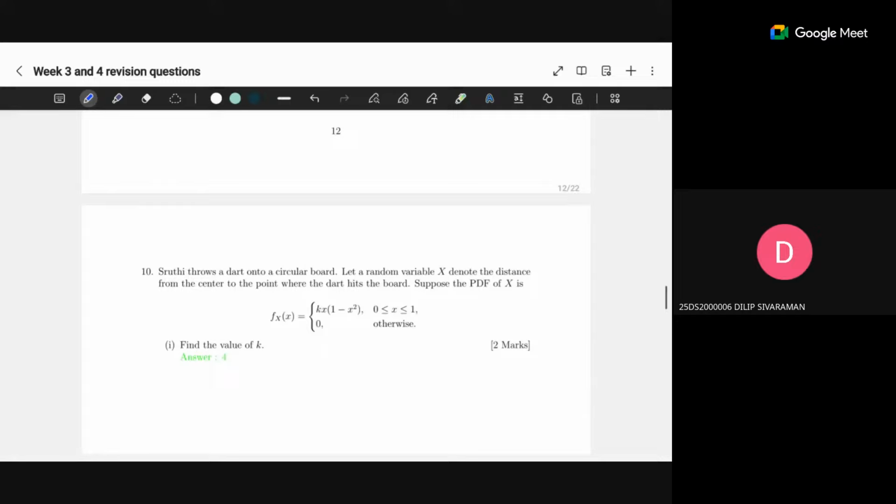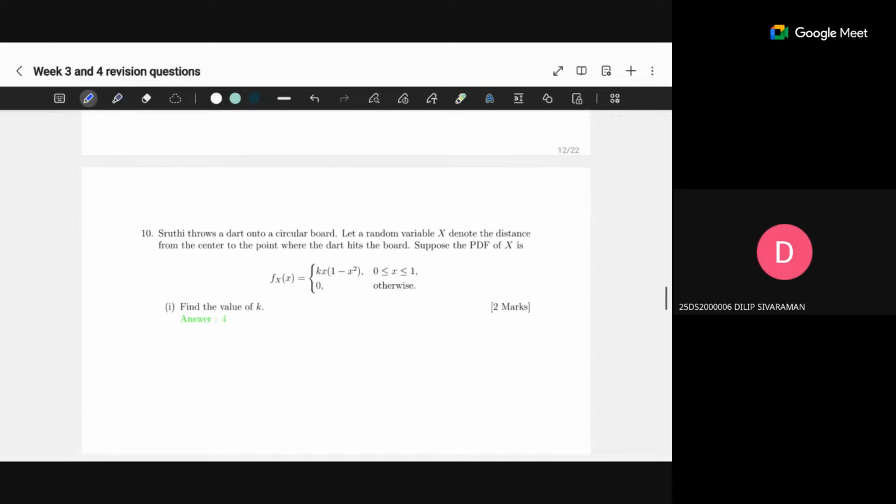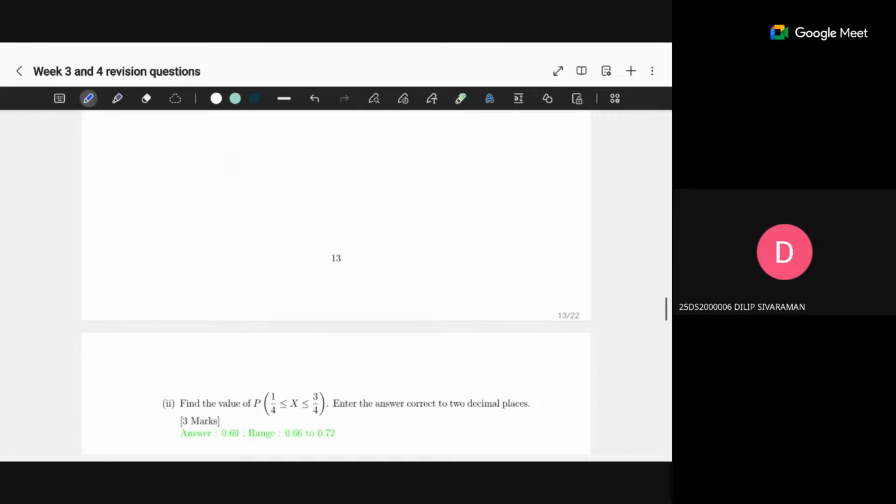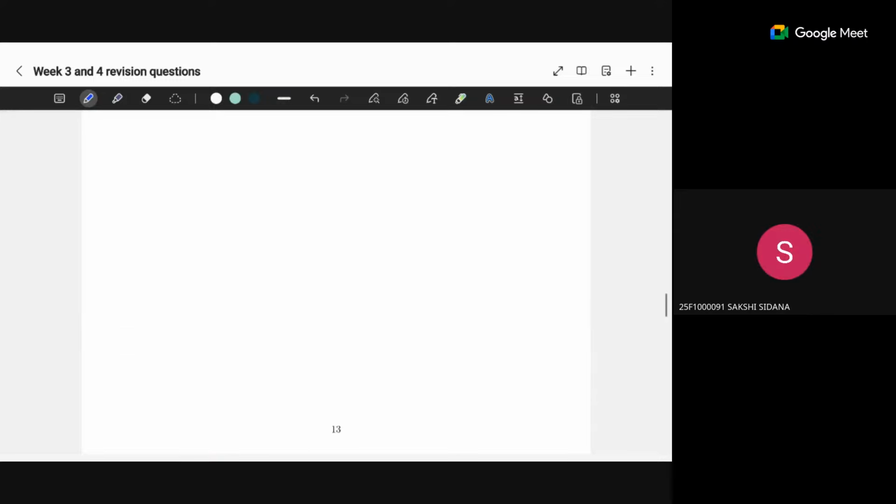Have you got the answer as 4? Yeah, got 4. You just have to integrate it. Simple thing, correct? Now, find the probability. Ma'am, can you show the question expression again?